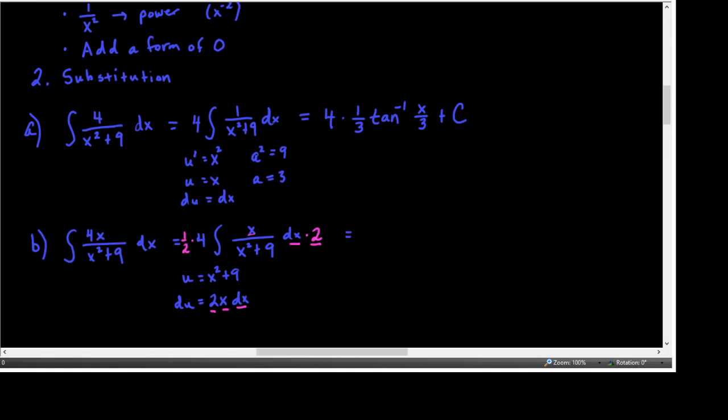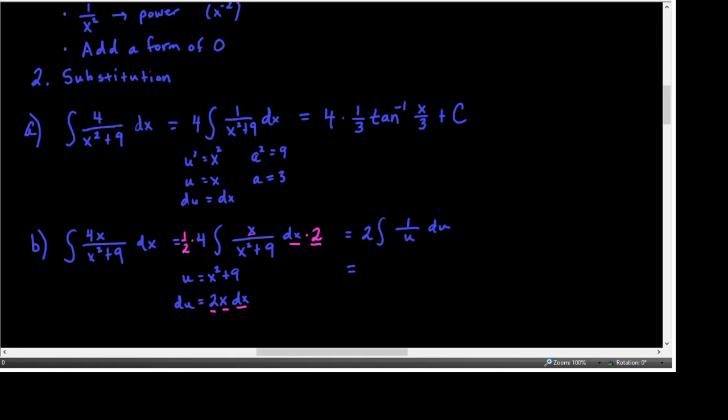Okay, so out in front, 1/2 times 4, of course, is 2. The underlying 2 and x and dx become du. And the denominator is u.